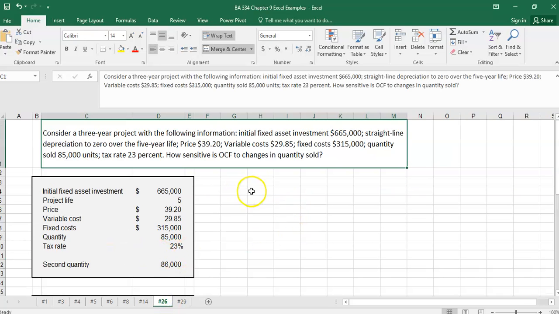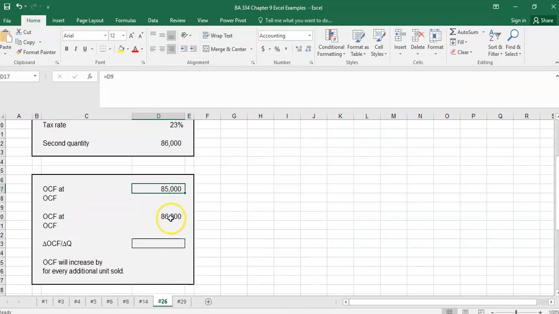The next example, we're doing a sensitivity analysis and we're looking at how sensitive we are to changes in price. So what we do is we calculate out the price, what the cash flows are. So we want to know what the EBIT plus depreciation is at 85,000 and 86,000.